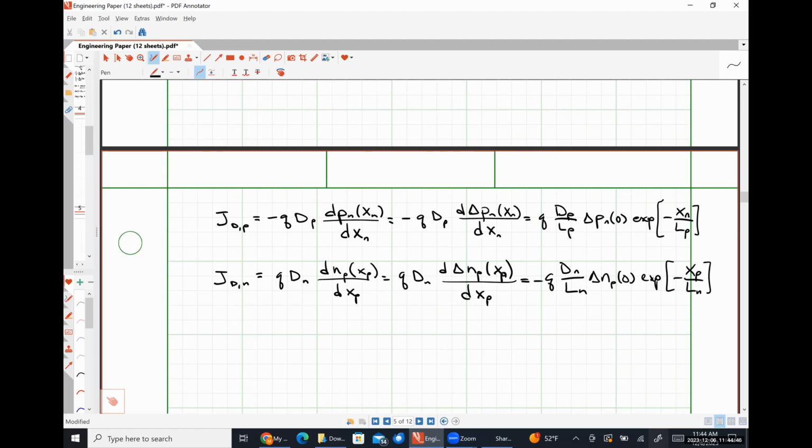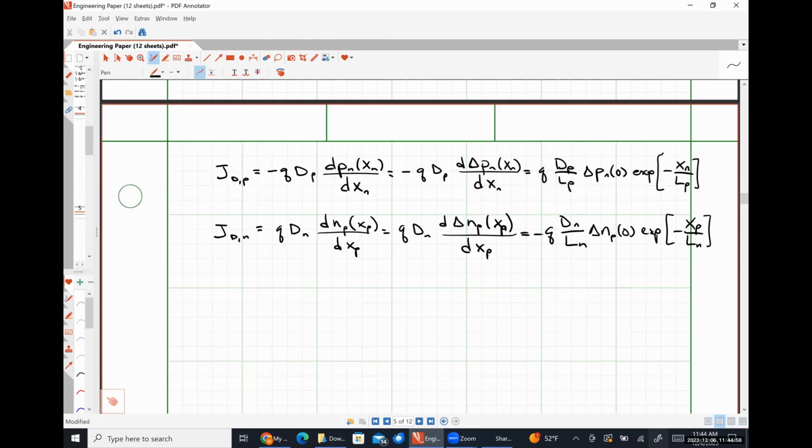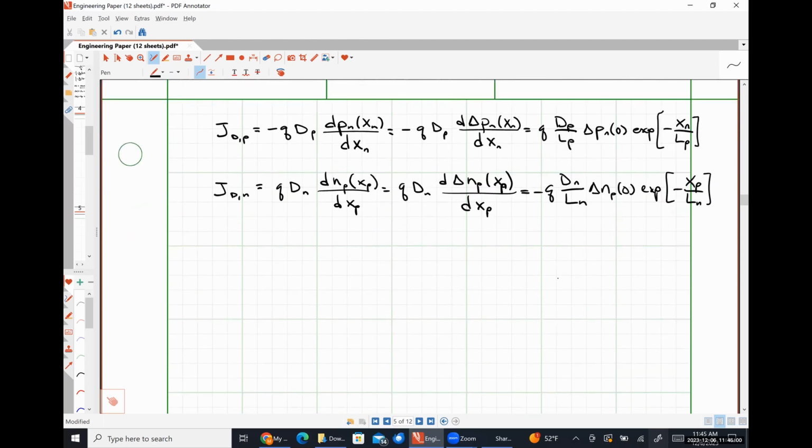We know that in a device we should see a constant amount of current flowing through it. It should not change as a function of position. So we are going to combine our diffusion current density relationships to look at the total current flowing through the device and see what shakes out.